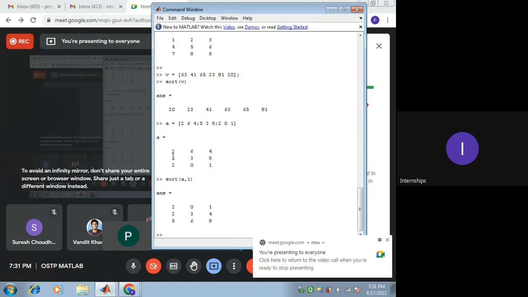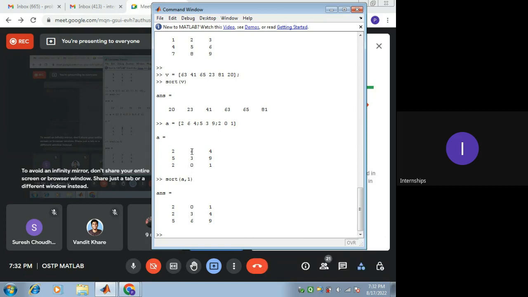After 2, if there was 5, so 2 will be here. Up there, 6 is the greatest number. This is the smallest, so smallest will come here. Then 3, then 6. Here 1, 4, 9. So along row wise, all the columns were sorted.